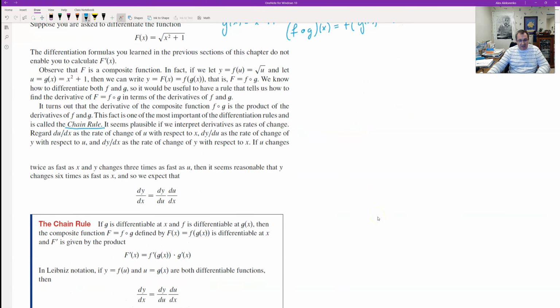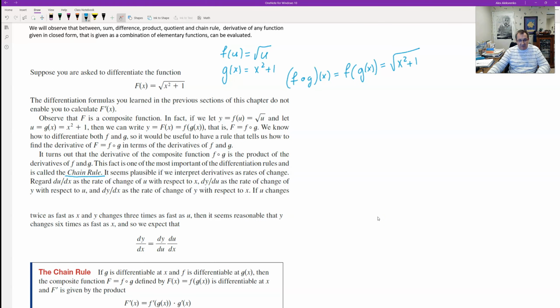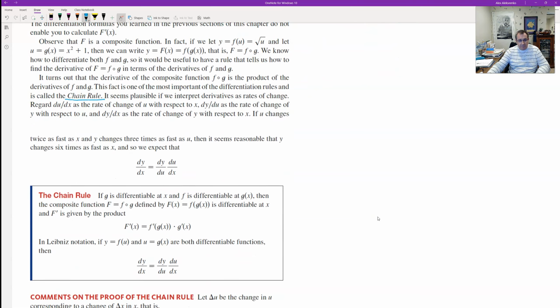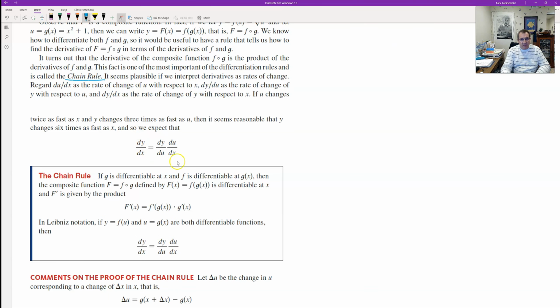The statement of the theorem is given over here. That's the chain rule. Let's read it. Suppose we have a function g that is differentiable at x, and function f is also differentiable, in particular at the point given by the value of g of x, and we will discuss why this is important.